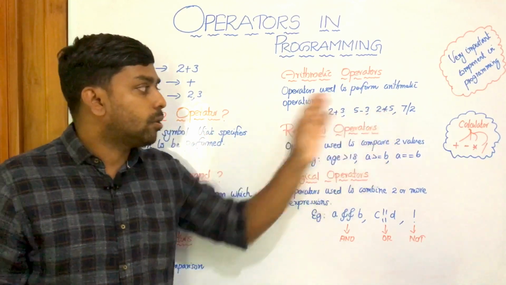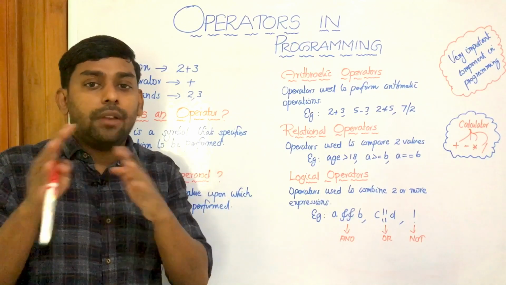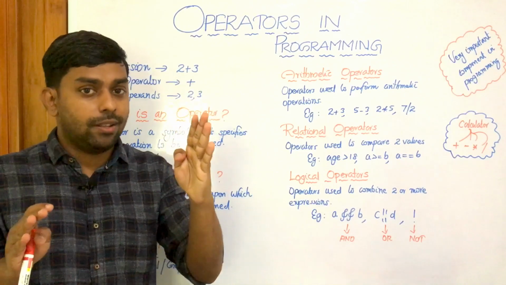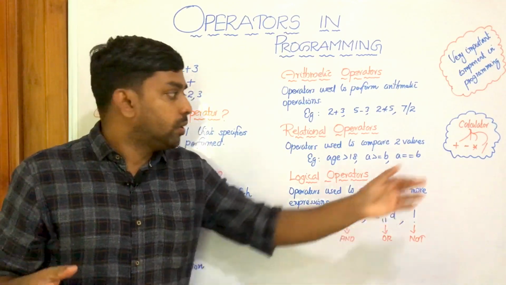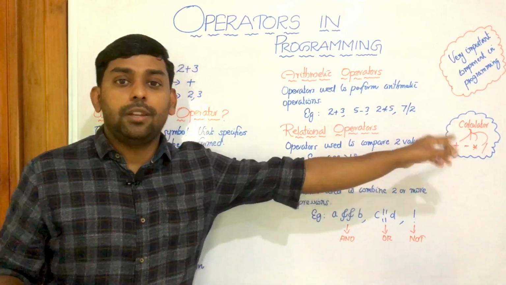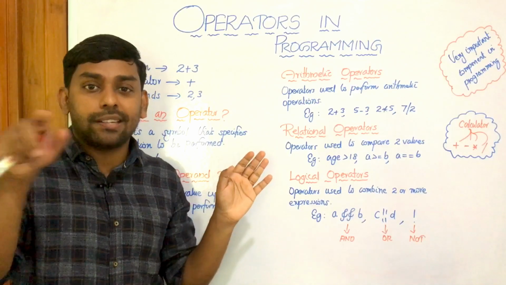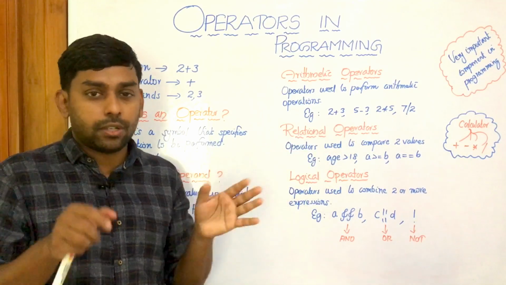We'll have at least four operations: addition, subtraction, multiplication, division. How will we implement it? Using operators: plus, minus, asterisk, and finally slash, which is the division operator.